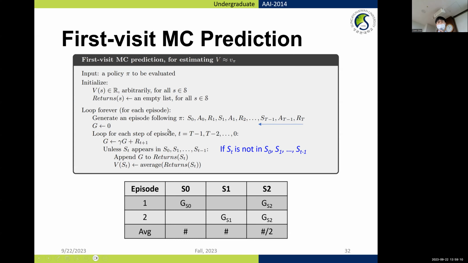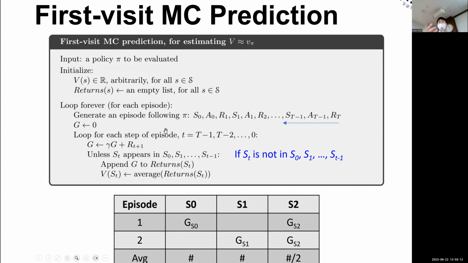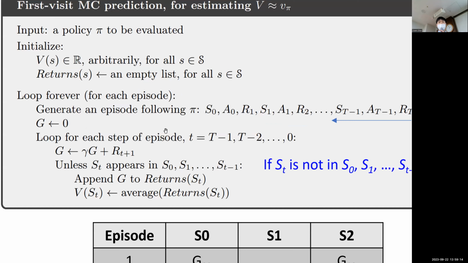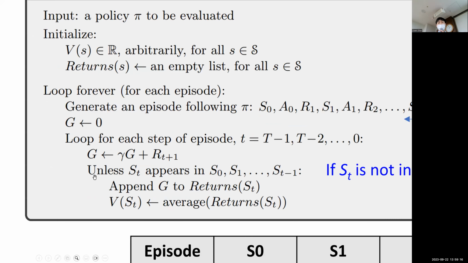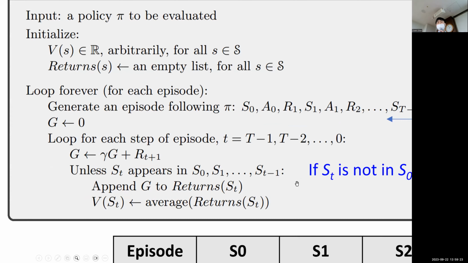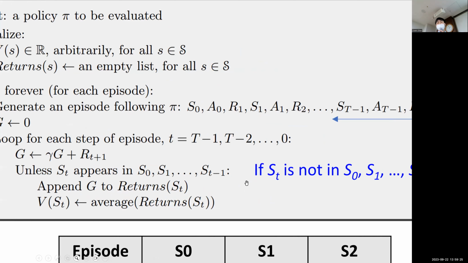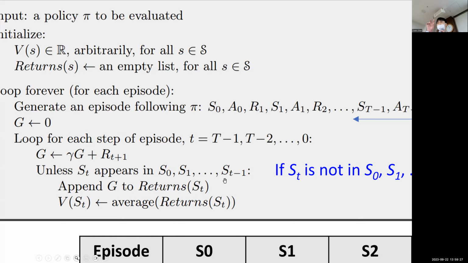Actually, because this algorithm is from the textbook, the way it is written is a little bit confusing, but they use unless ST appears in S0 to T minus 1. So I just interpreted it as the condition of the first visit. Because the state can be visited multiple times, we can come back to the same state. But here, we just count the first time visit.